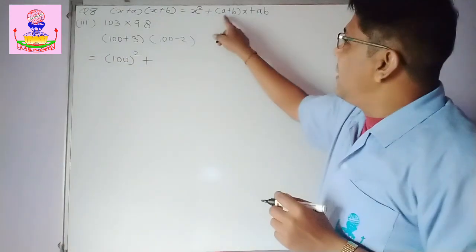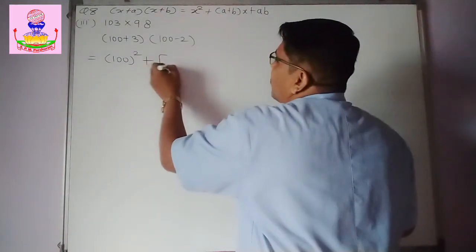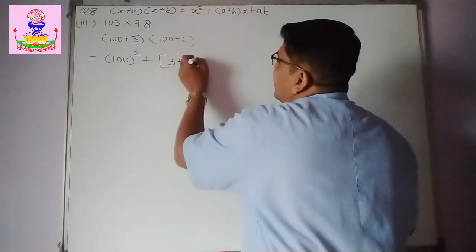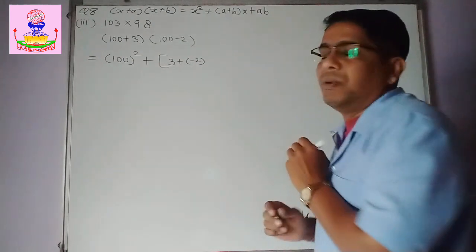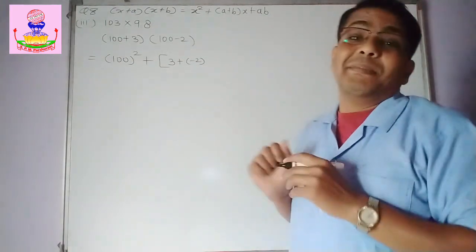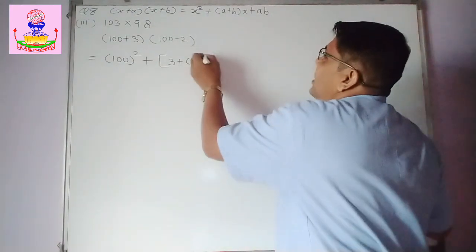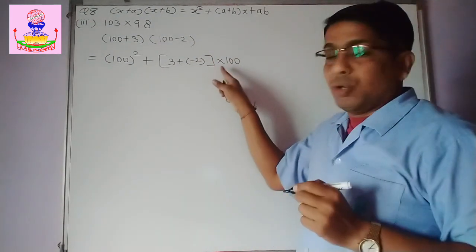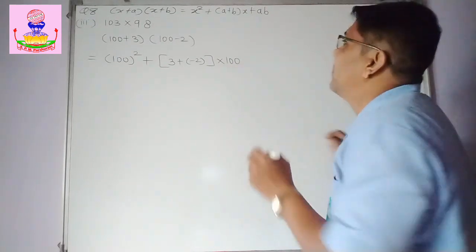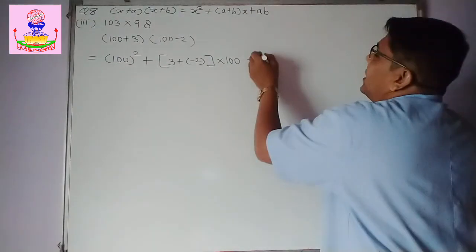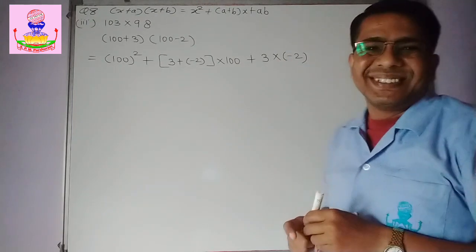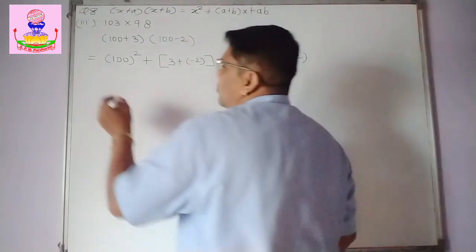Plus A plus B. So here, what is A? 3. Plus, what is B? Minus 2. Here, I have to take into account the minus sign. Minus 2. A plus B into X, that is into 100. Show the multiplication sign. Plus A into B, that is 3 into minus 2. Do you get it?